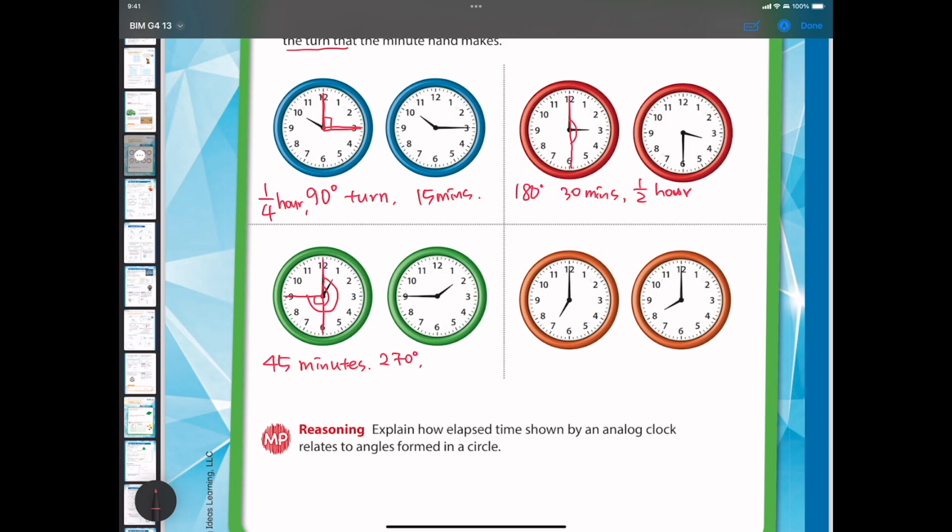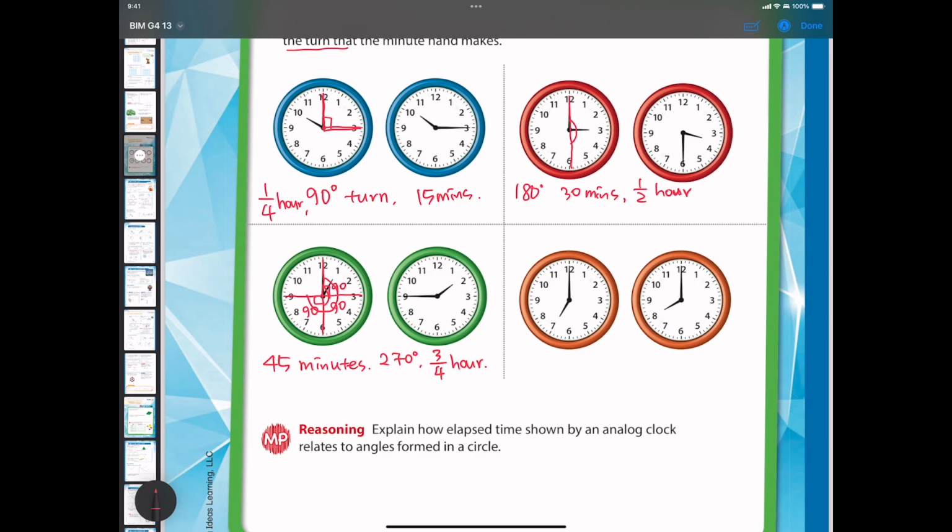Remember, each right angle is 90, another 90, three 90s, which is 270 degrees. And what else can you say? This is 3/4 of an hour.